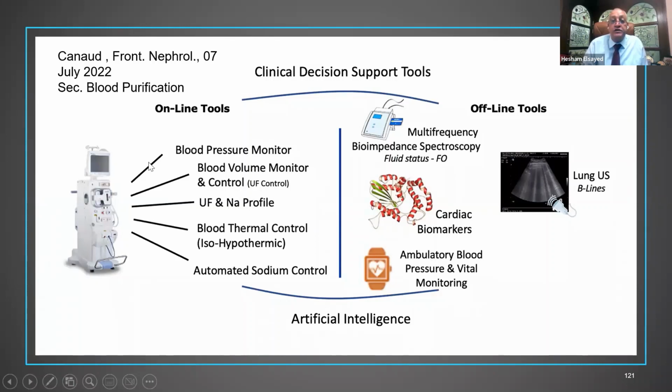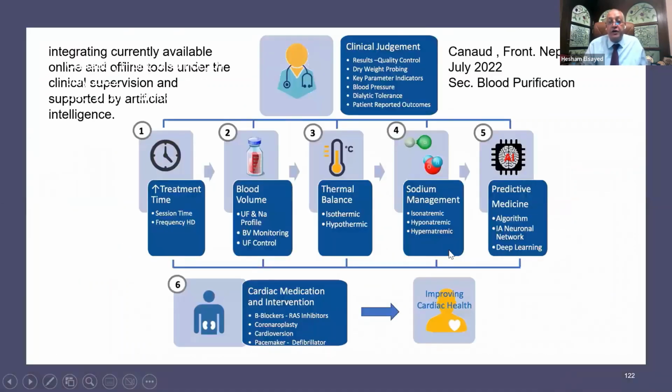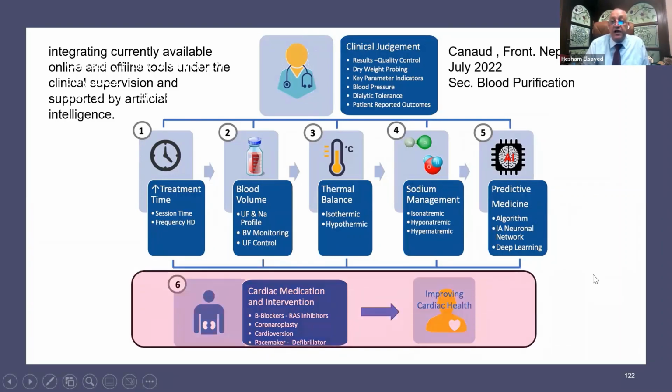Use online tools like blood pressure monitoring, blood volume monitoring, control ultrafiltration, ultrafiltration profiling, as well thermal profiling for the patient who cannot tolerate hypothermic dialysis. So this is an integrated approach, controlling all the cascades of intradialytic hypotension and the cardiac medication and the intervention.